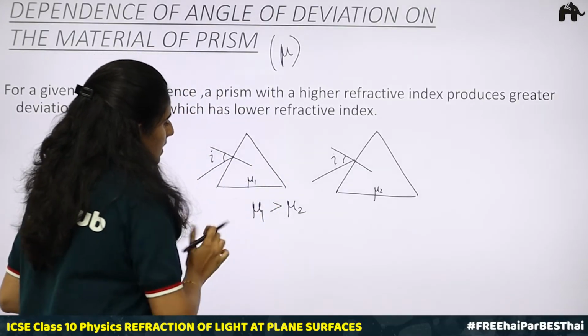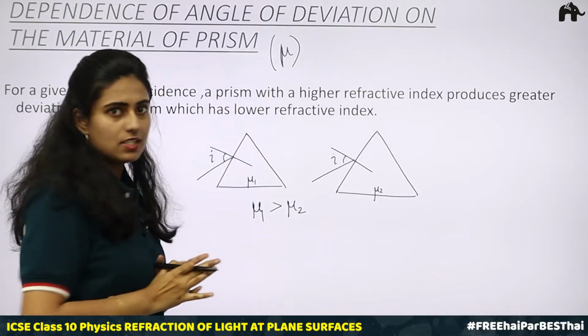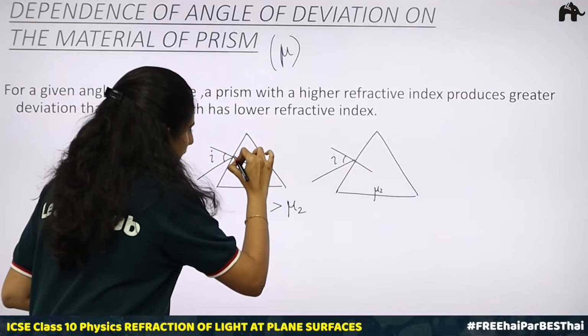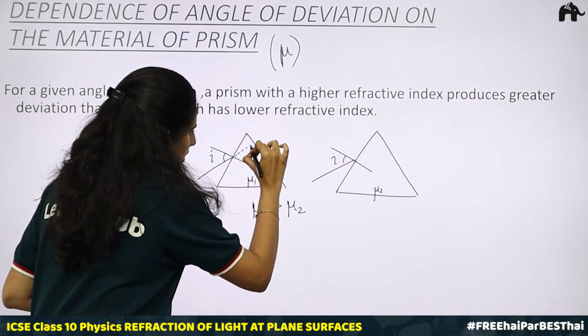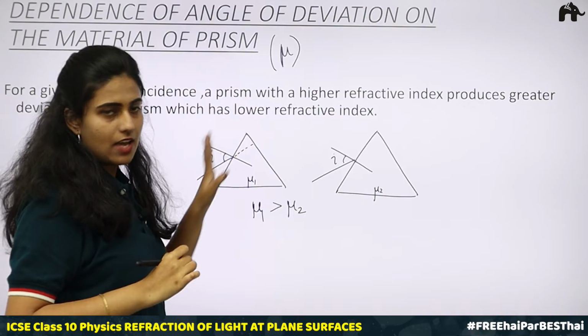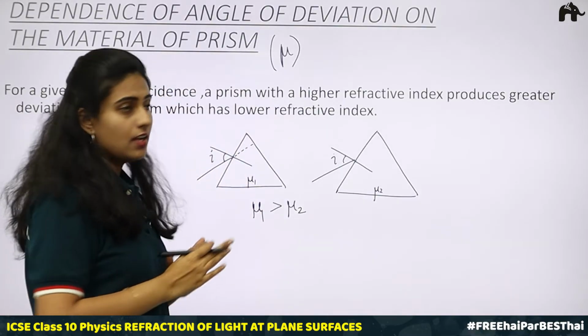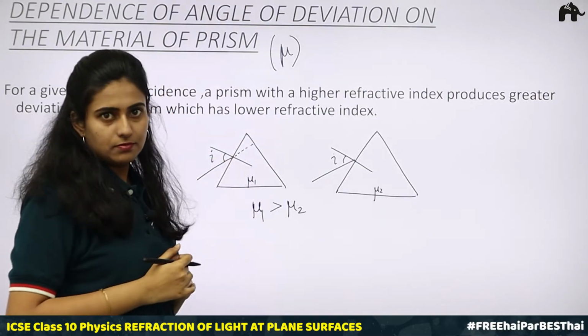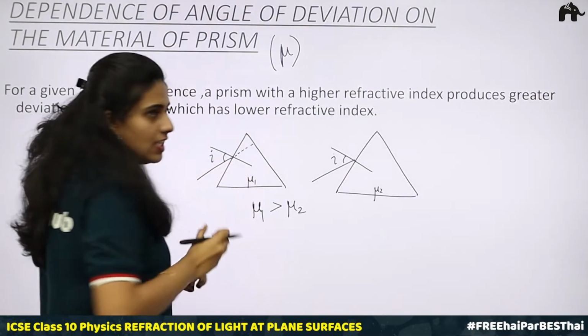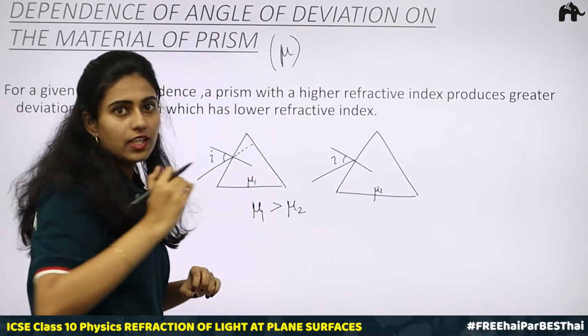Now, what happens when light travels from a rarer to a denser medium? We know this is the actual path of light. But when it travels from a rarer to a denser medium, it bends towards the normal. When the refractive index increases, the bending also increases.